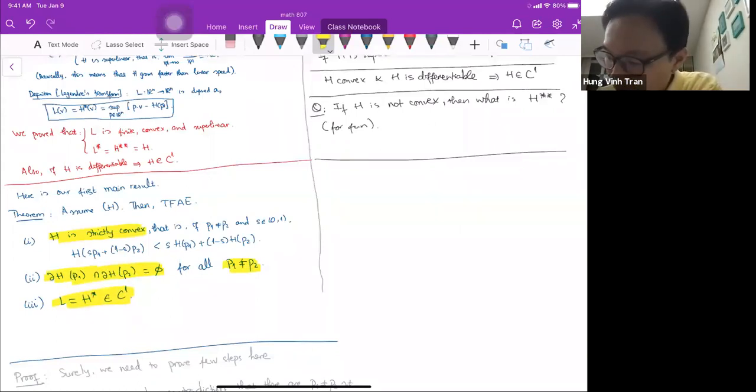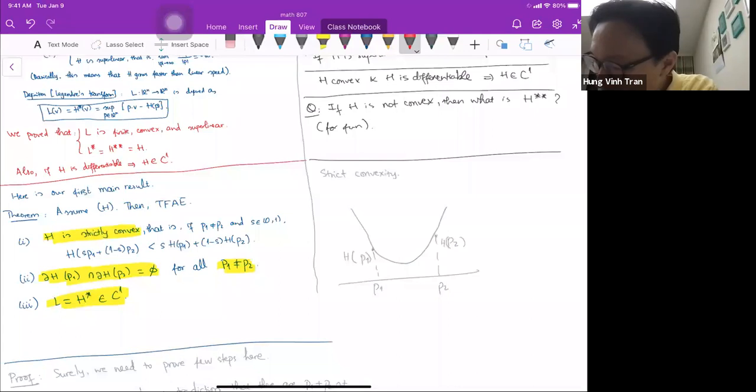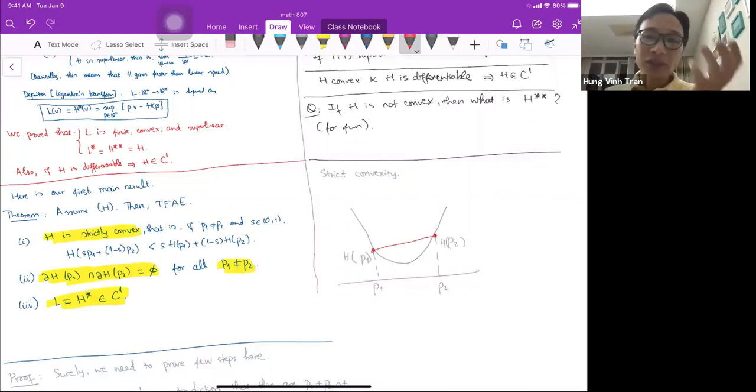So strict convexity here, in the picture, means that if you take the two values at any points p1 and p2, h of p1 and h of p2, and you draw a line segment from (p1, h of p1) to (p2, h of p2), then the graph of the function in between is strictly below it.